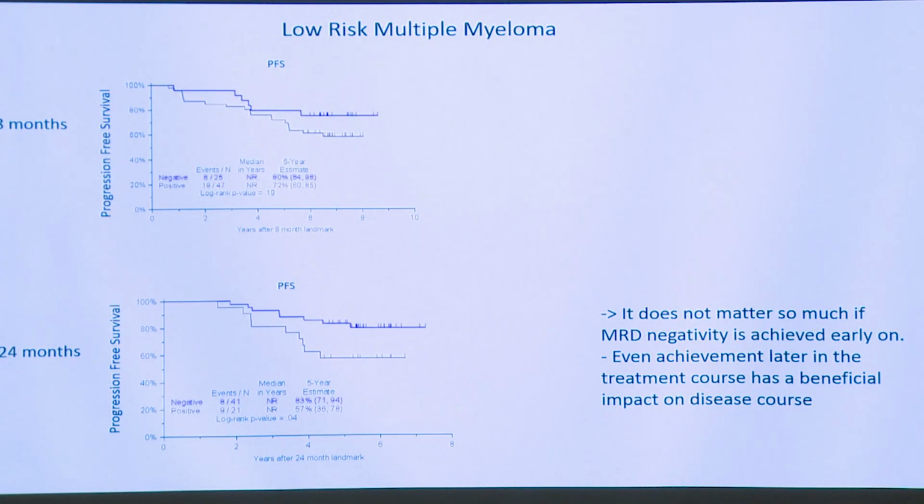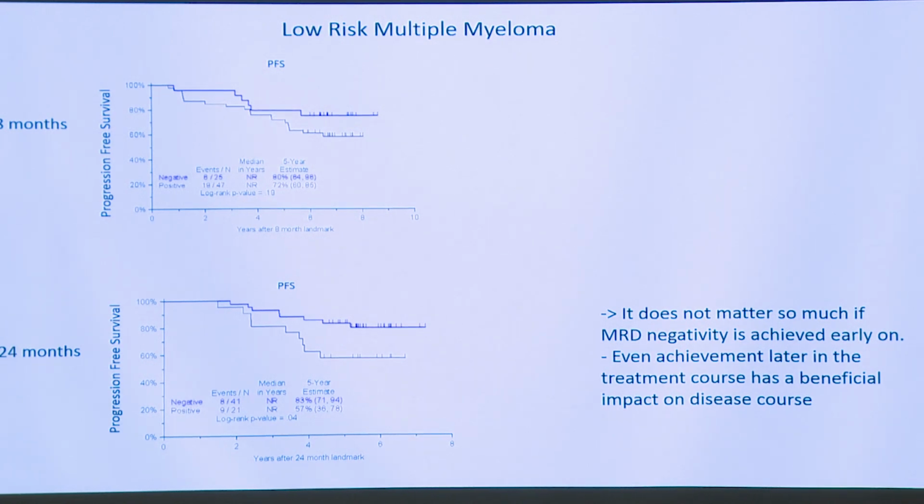However, it also means that if you haven't achieved MRD negativity after 24 months with the current maintenance, you might want to think about a change in treatment at that time point. Because after 24 months of ongoing treatment and maintenance, if you're not changing your regimen, you're unlikely going to achieve MRD negativity.